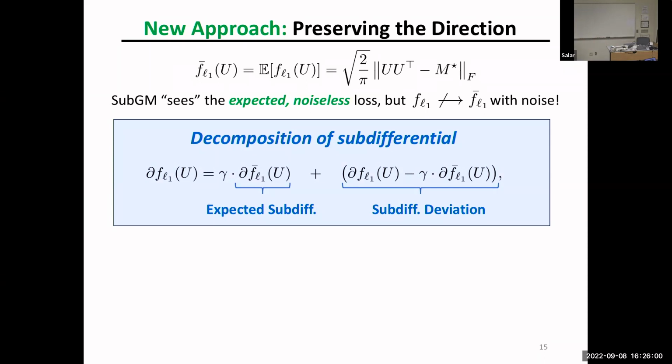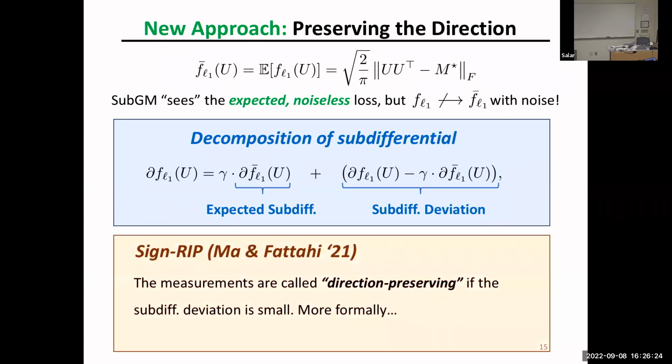We're going to write the subdifferential of the loss function as a summation of two terms. The first term is the subdifferential of the expected loss, and the second term is the subdifferential deviation. If the subdifferential deviation is small, that basically means that f and f bar are aligned. Now, we say the measurements are direction preserving, not norm preserving, if the subdifferential deviation is small.